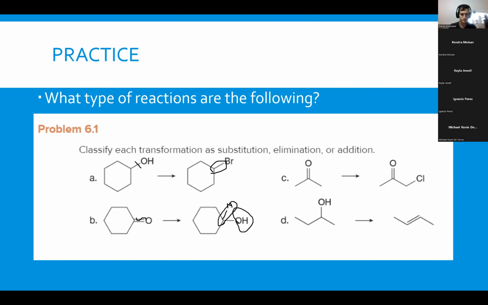Okay. Over here, I am cutting this bond to make this bond. Okay. And then over here, I am cutting this bond. And I'm cutting this bond to make the double bond. Okay.